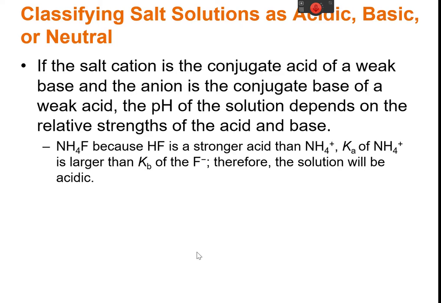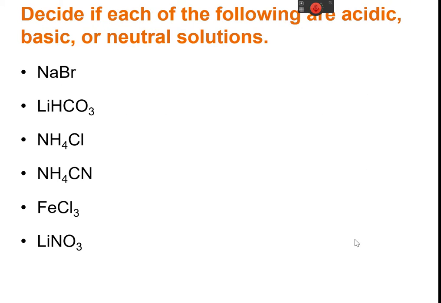And then because the Ka of the ammonium ion is larger, we know what the trend will be. And so the solution is acidic. So you're comparing them to decide which is which. Again, I'm not going to focus on this one too much. There may be a homework question on this, but it's a little bit more complexity, so I think we don't need to necessarily have it on a quiz or exam.